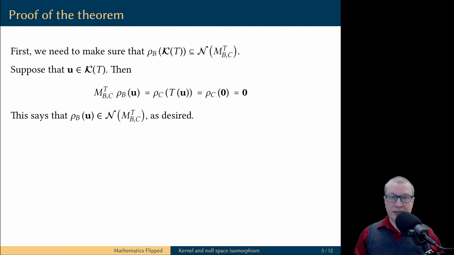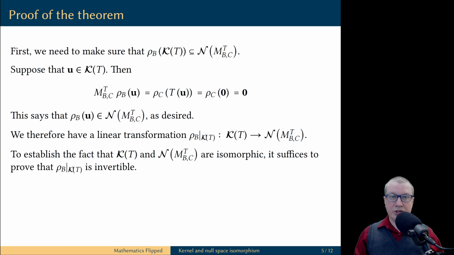This shows that the matrix representation multiplies the vector rho B of U to the zero vector, and this is exactly what it means for this vector to be a member of the null space of the matrix. This establishes that the restriction of rho B to the kernel of T becomes a linear transformation from the kernel to the null space.